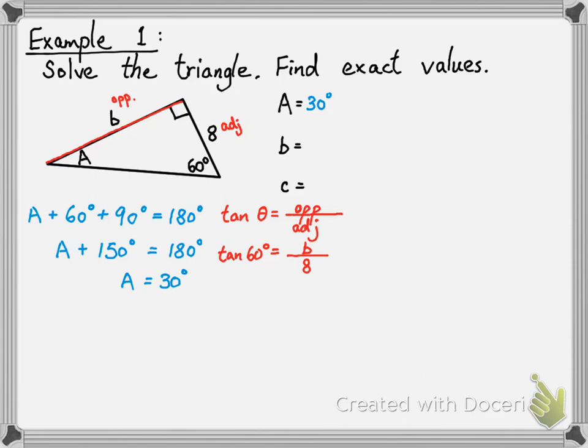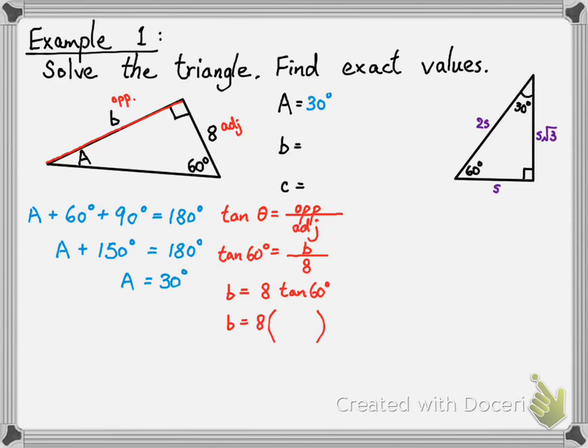To solve for B, we multiply 8 to both sides, so B equals 8 tangent 60 degrees. The question is, what is tangent 60 degrees? Do you recall the special triangles ratio? If not, be sure to check out my video.